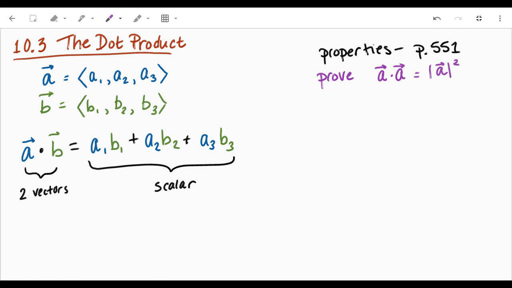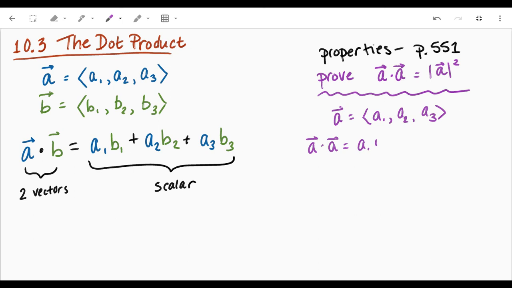Okay, so if I were going to do that, I would say vector A is A1, A2, A3. Then A dot A would be A1 times A1 plus A2 times A2 plus A3 times A3, okay, which is A1 squared plus A2 squared plus A3 squared.